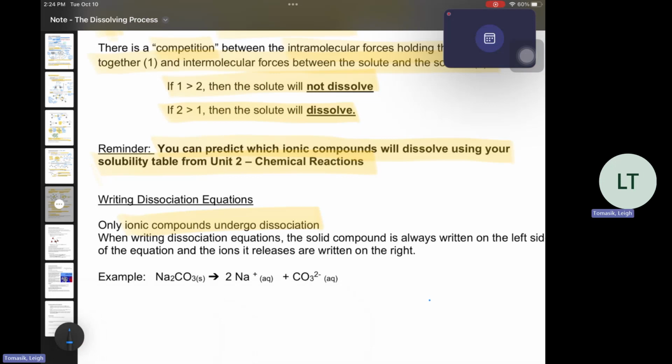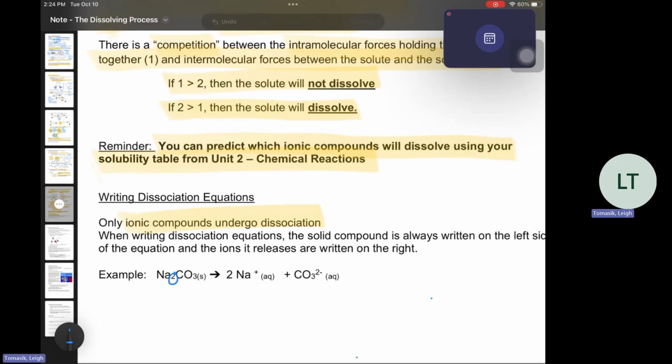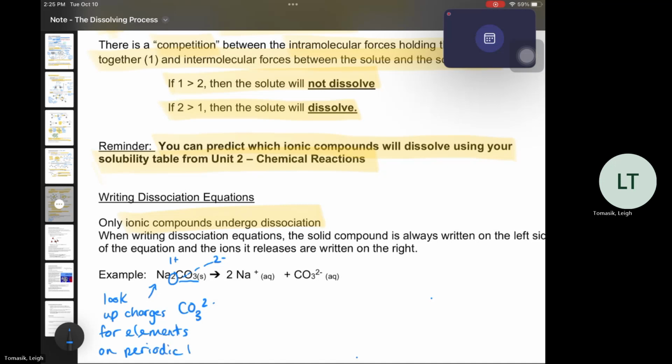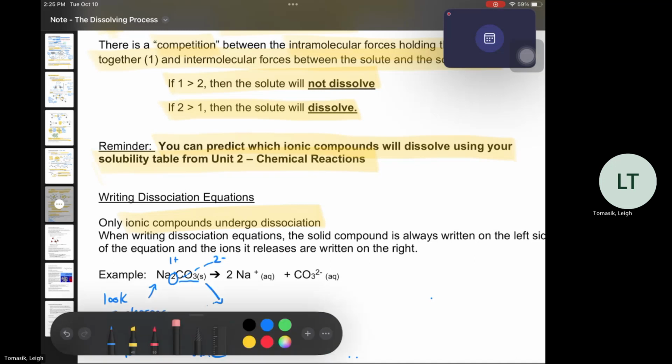But you can show this dissociation equation. To figure out what it's going to be like as ions, you're going to have to sort of uncross the subscripts. So this 2 came from CO3 2 minus. And the CO3 is not in brackets, so that means it gets a 1 subscript. You can look up the charges for elements on the periodic table, and you can look up the charges for polyatomic ions on your reference sheet.